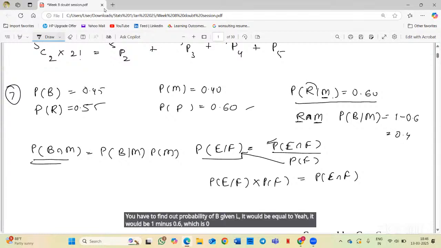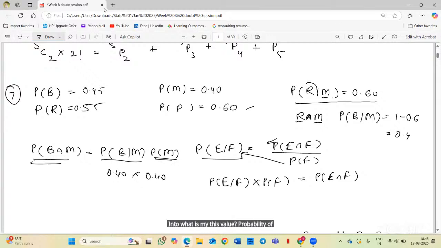So 0.4 times the probability of M, which is 0.4. So the answer would be 0.16.